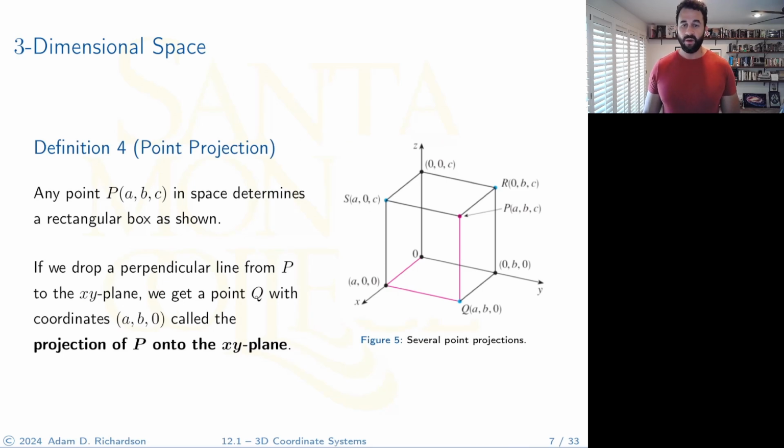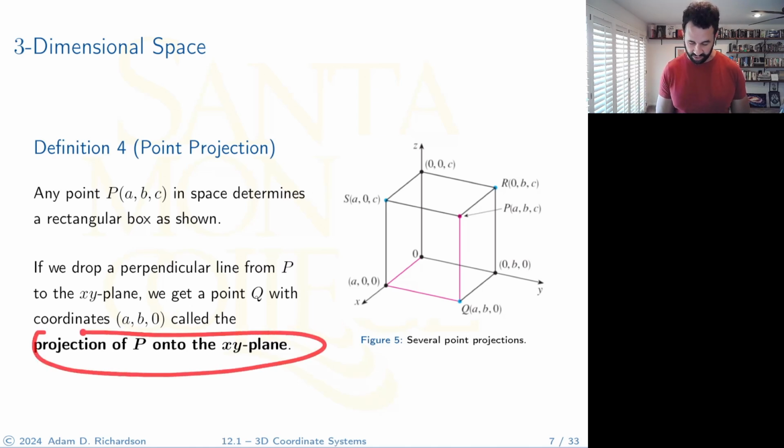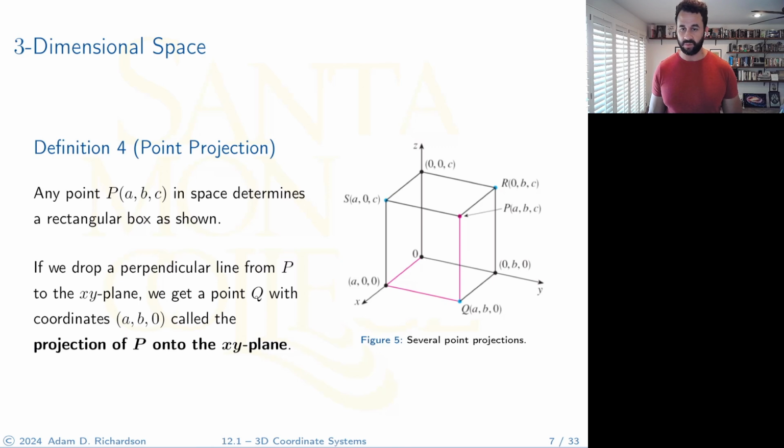Right, now, one of the things that's really helpful is what are called point projections. So if we've got a point in three-dimensional space, a lot of times we're interested in different projections of that point. You can project it down onto the xy plane, you can project it onto the xz plane, the yz plane, and we're going to see other types of projections in another section coming up here. But if you've got a point A, B, C, and you project it down onto the xy plane, then what you get is the projection of the point P onto the xy plane.